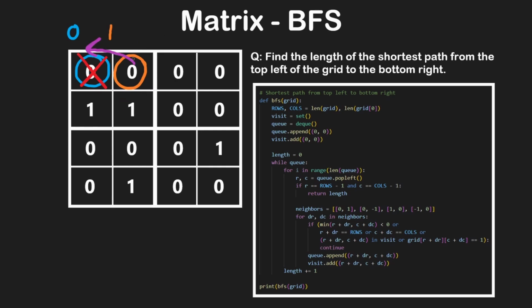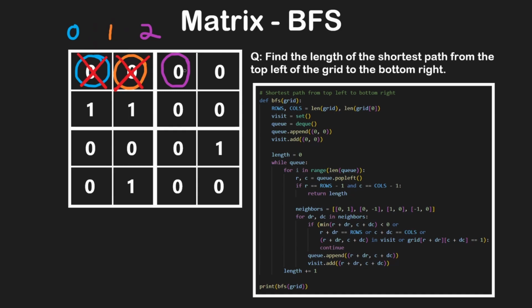We can't go left, it's already been visited, but we can go to the right, and that's the only thing we're going to add to our queue and to visit. Of course, this is going to have been popped from the queue, and after that's done, our length is going to be incremented to 2. By the way, when we popped this, we checked, is it the destination? It was not, so we did not return the length, which at the time was 1. If it was the destination, we would have returned 1, which is what we would have wanted to do.